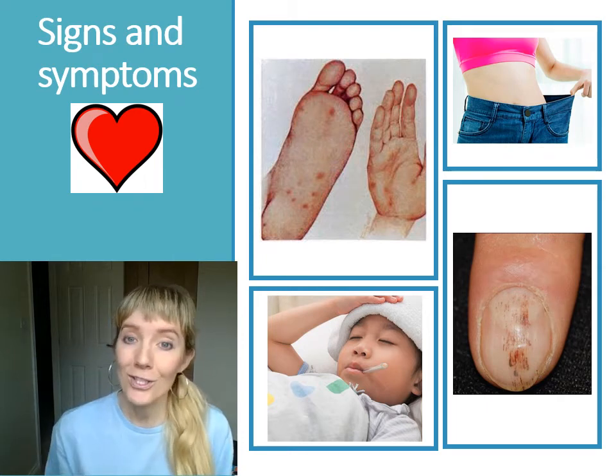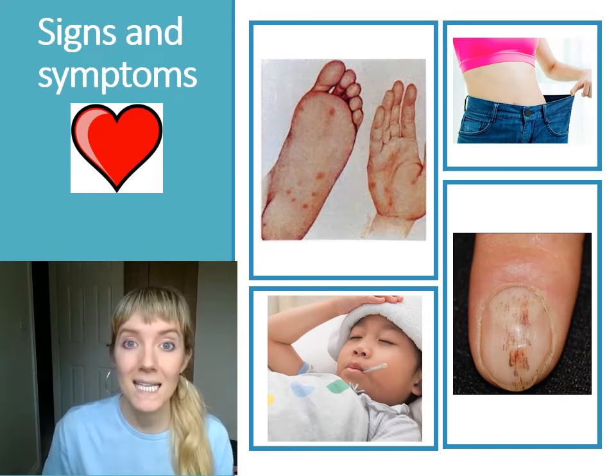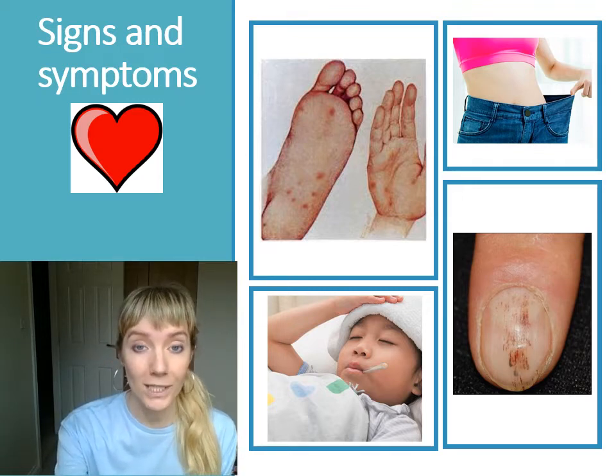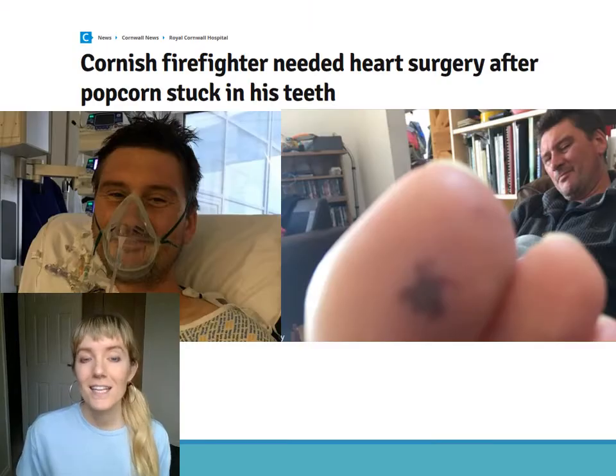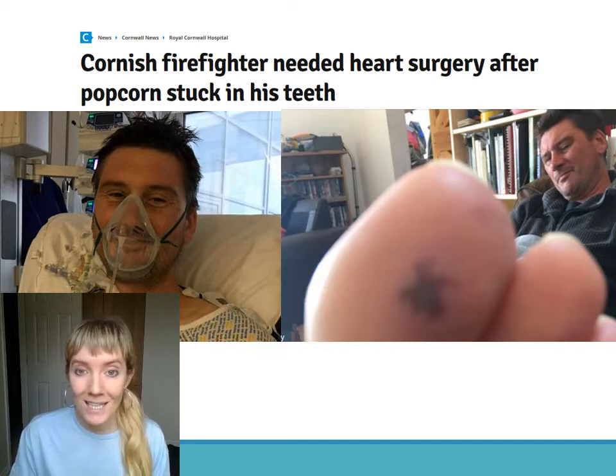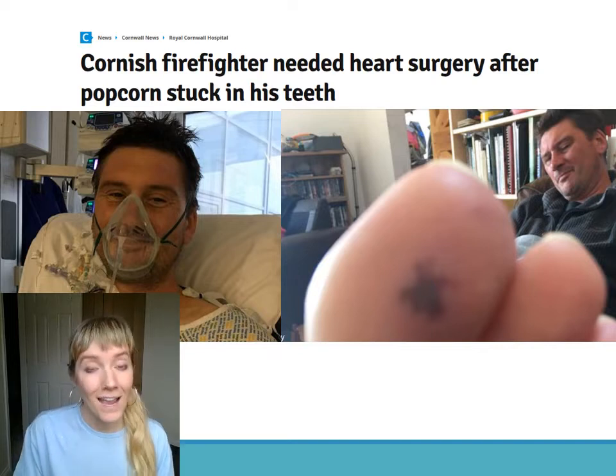So it is important that we know these signs and symptoms because this is a very serious condition if one of our patients was to get this condition. This is a news article that was just released a matter of months ago, and it is a firefighter that got popcorn stuck in between his teeth, and he tried to get it out but he couldn't. He ended up developing infective endocarditis.